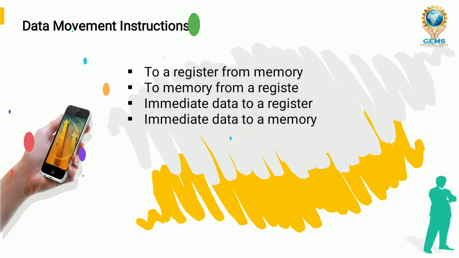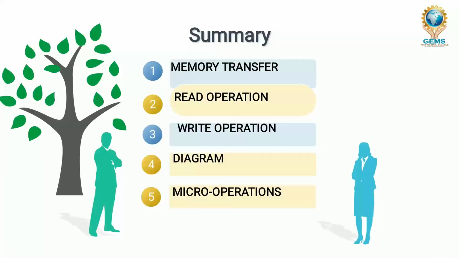All these kinds of operations will be performed based on the instructions. Most of the instructions are default instructions given by the designers. So the micro operations will be performed based on these data movement instructions. We will see what data movement instructions are in our forthcoming video lectures.